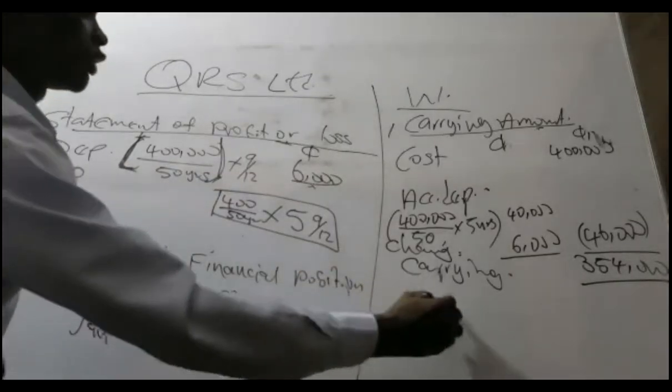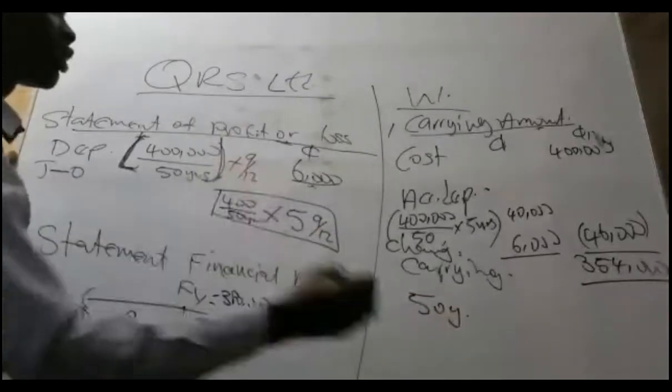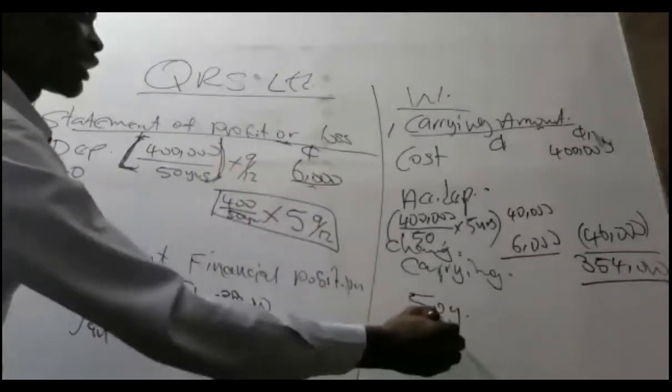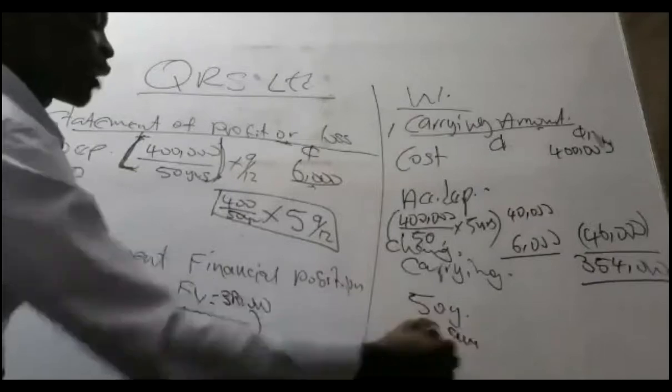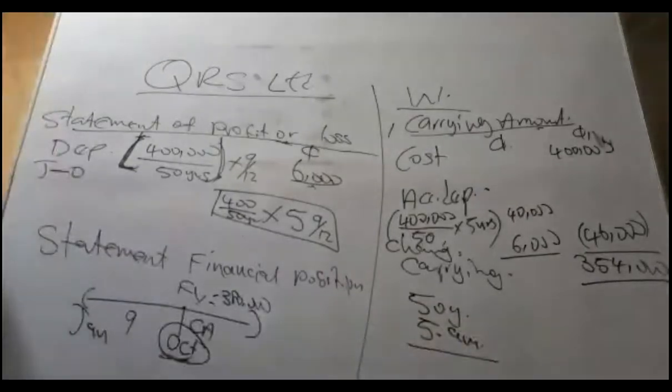Wow, 50 years. And now they've used 5 years, 9 months. So left with how many years? Can tell us. The assets, they are going to use for 50 years. Now they've used 5 years, 9 months. So left with how many years?